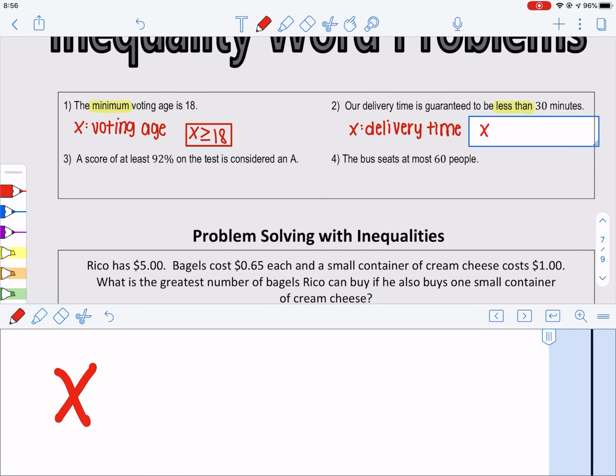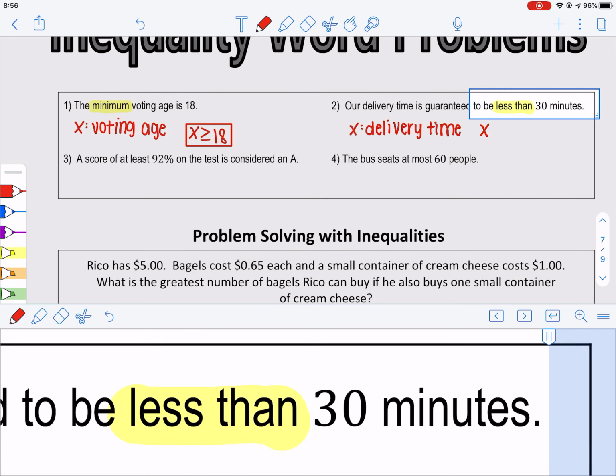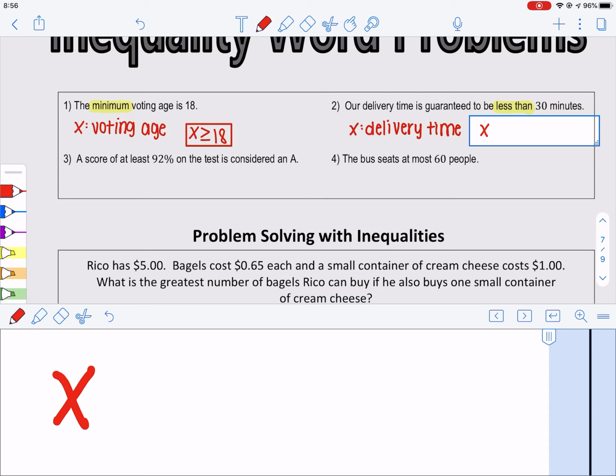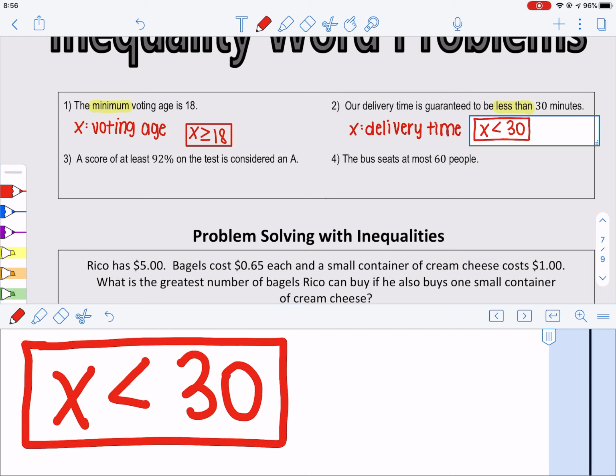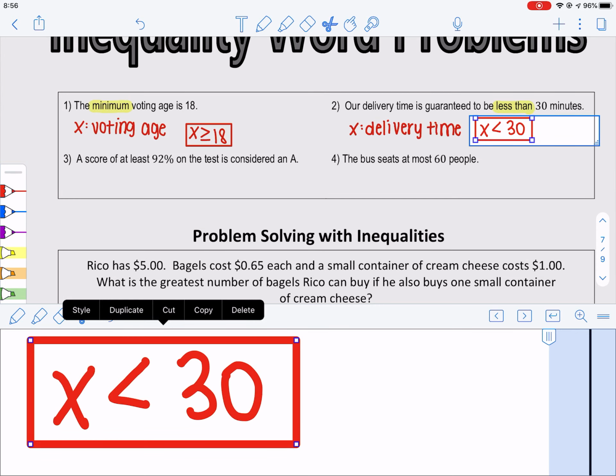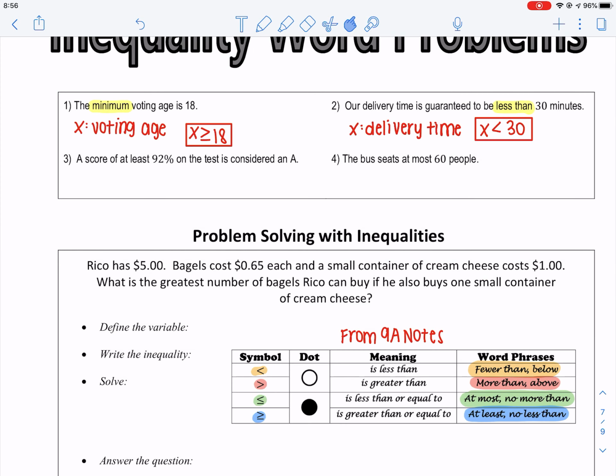So if it says less than, you can just go ahead and use your less than symbol. If they say it's going to be less than 30 minutes, it can't be more than 30 minutes. It also won't be equal to 30 minutes. Otherwise, they would say less than or equal to 30 minutes. So it must be less than 30.